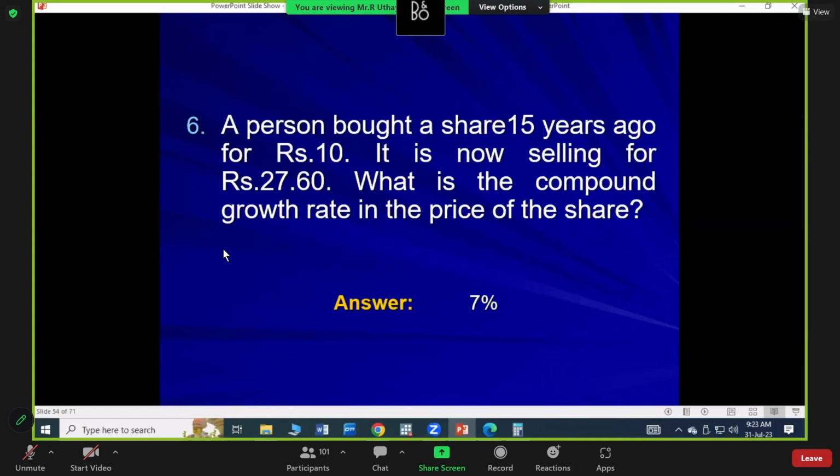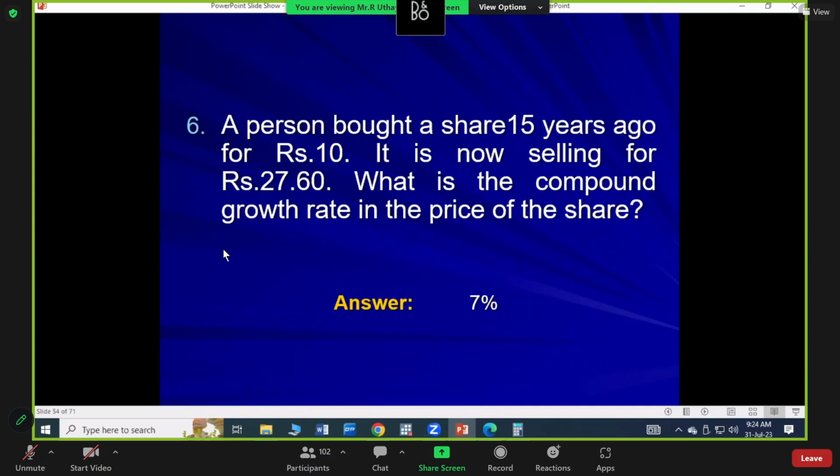So you read the question. 15 years ago, the price of the share was 10 rupees. Now it is selling for 27.60 rupees. So you take that 27.60 rupees as the future value.